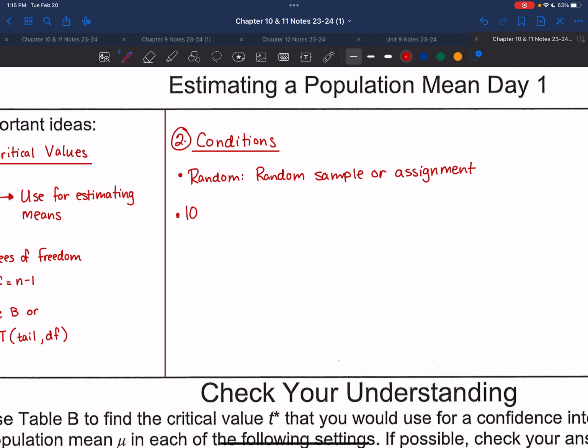You need to do the 10% rule, so your sample needs to be less than 10% of your population. And then you need to do normal or large sample.